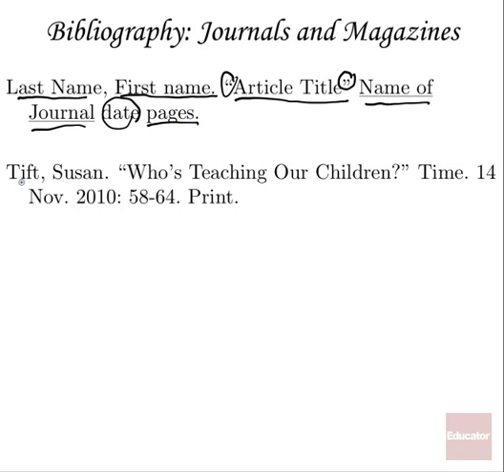Here's an example. Tift, Susan. Our article is in our nice quotation marks. Time, which I'm underlining now, and that was published on the 14th of November, 2010, pages 58 to 64, and I'm putting print right here because, again, a lot of people want to know, did you get this in print or did you access this on the web?